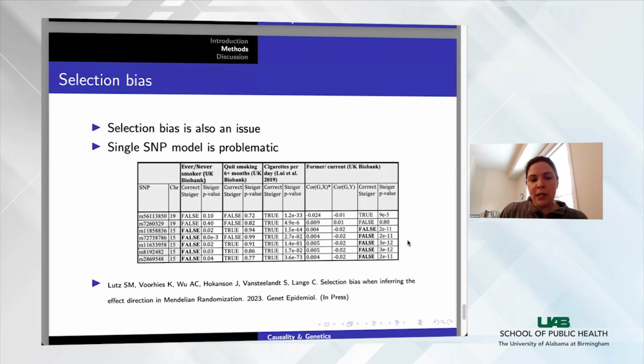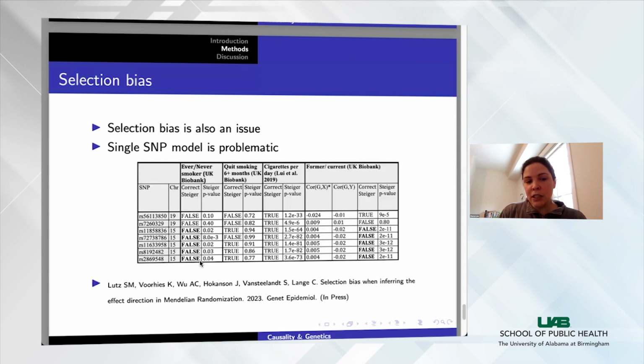But when we looked at the UK Biobank, which potentially doesn't have the selection bias because this is a large population from the UK, although there have been studies saying that there is some selection bias, we were seeing similar issues when we looked at the single variant analyses.